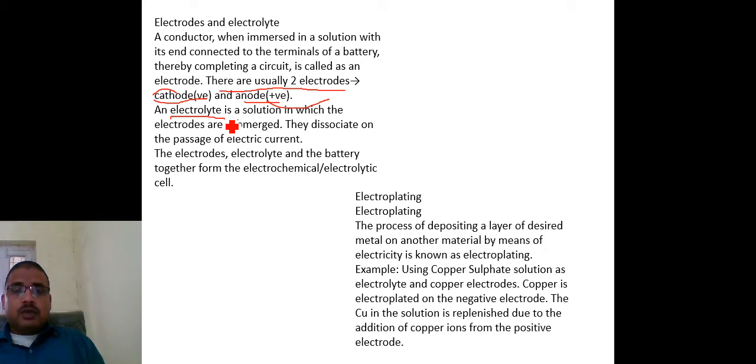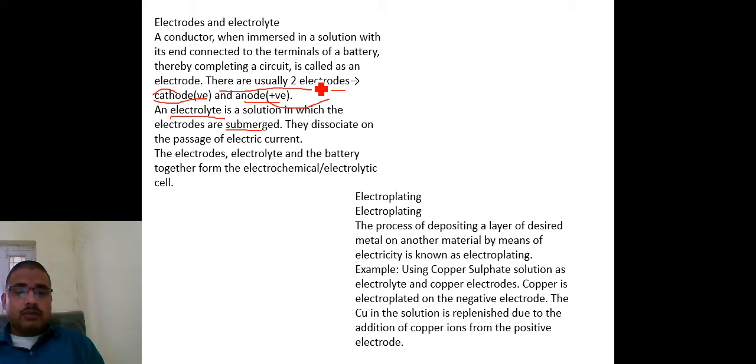Here the definition is written: an electrolyte is a solution in which the electrodes are submerged. These are the two electrodes, as in the previous cases we have seen, which are connected with the help of wires to the battery. When the battery is connected with these electrodes, and the electrodes are immersed into the given solution, that solution is basically an electrolyte solution.